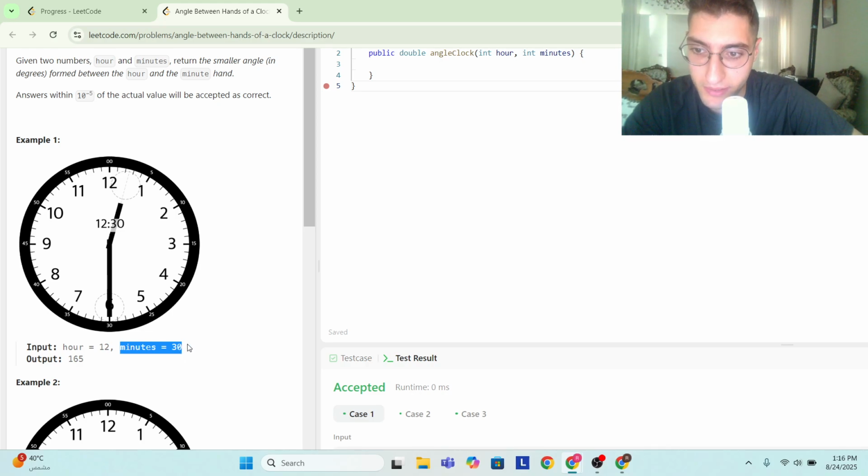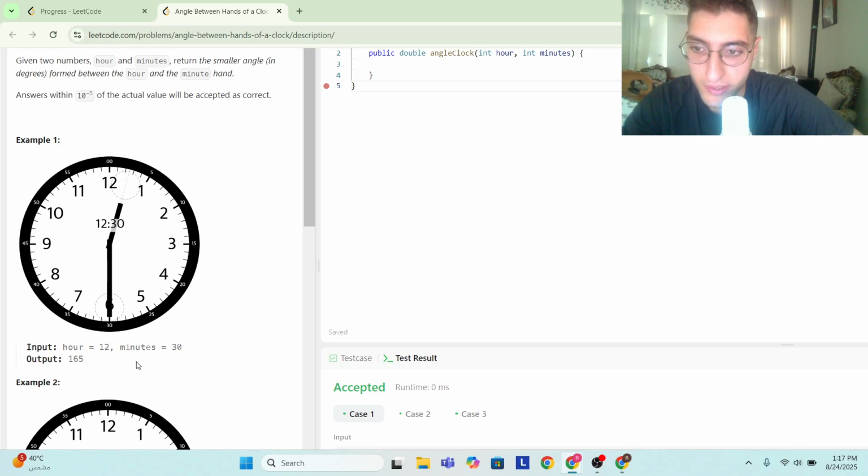So 30 times 6 is 180 degrees. And we're measuring this relative to the 12. Basically, the angle between 0 and 30 is 180 degrees, which is 30 times 6.